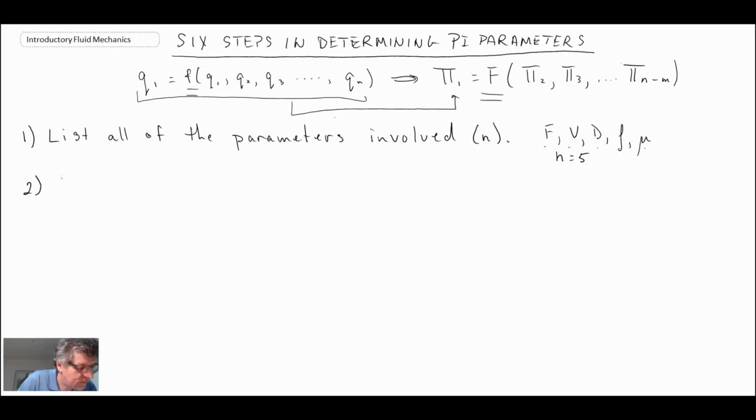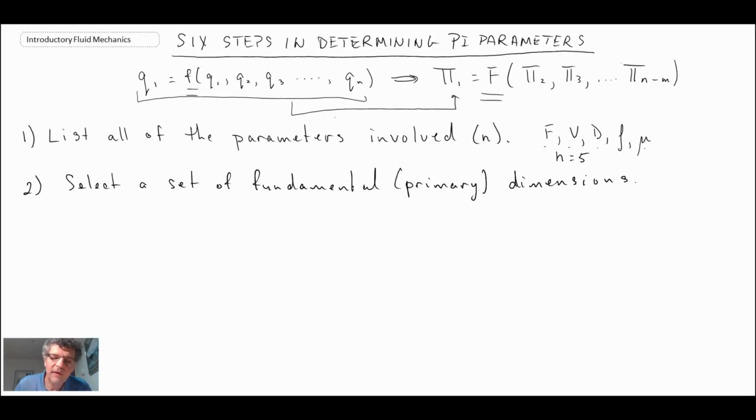Second step is to select a set of fundamental or primary dimensions. So for example, if you're dealing with mass, length, time, we saw that earlier in the course.